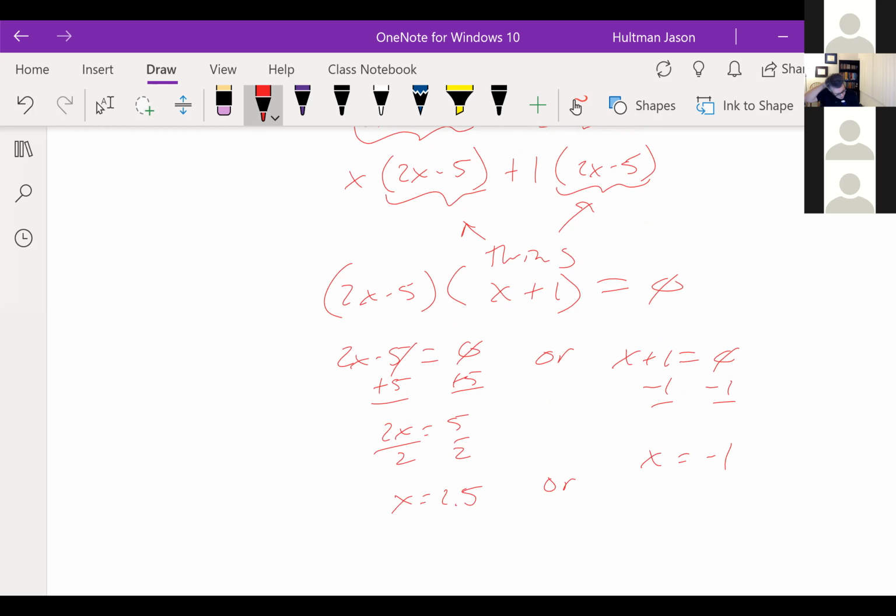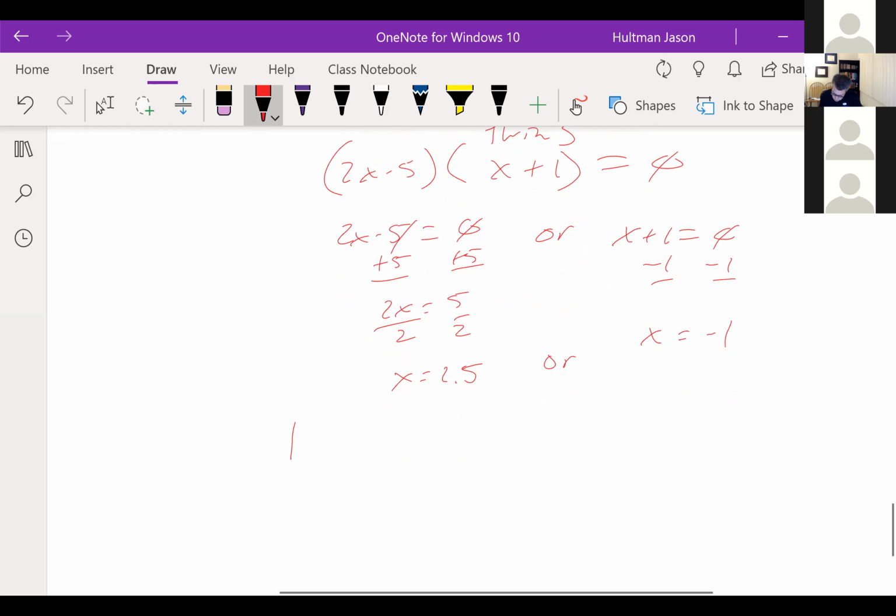So I have two critical values here, two CVs, one at -1 and one at 2.5. So I know that I probably have two relative extrema, two extreme values here, one at -1 and one at 2.5.